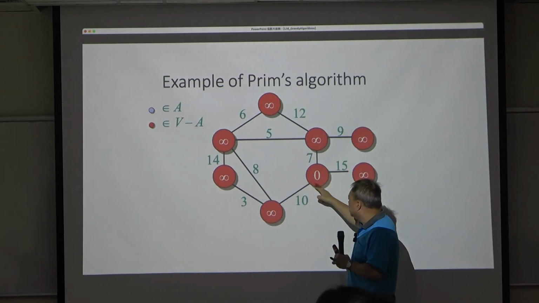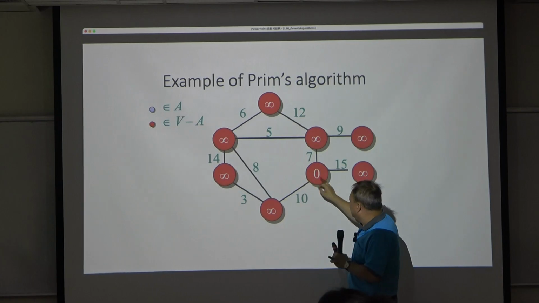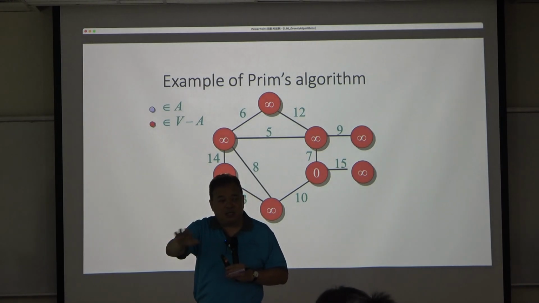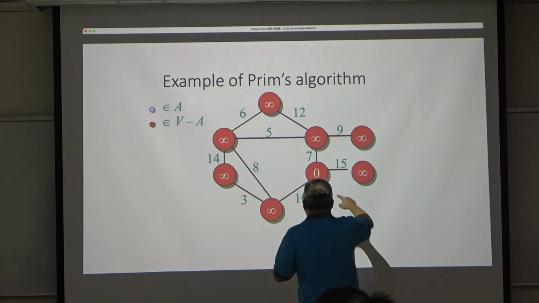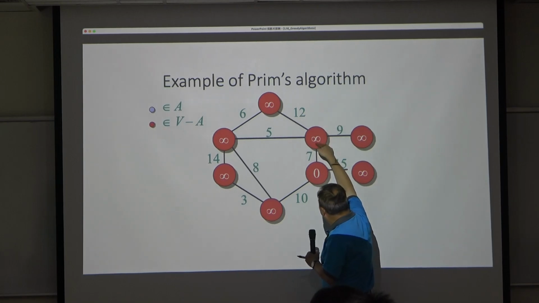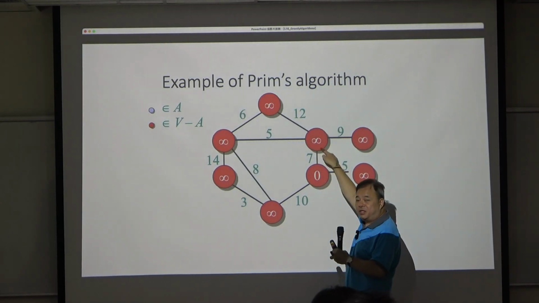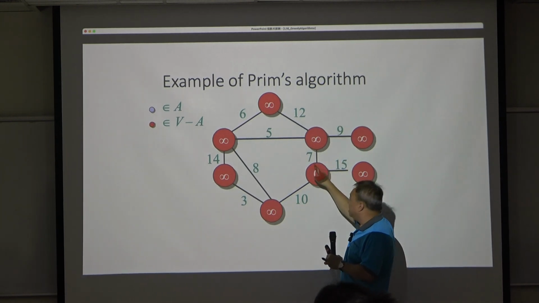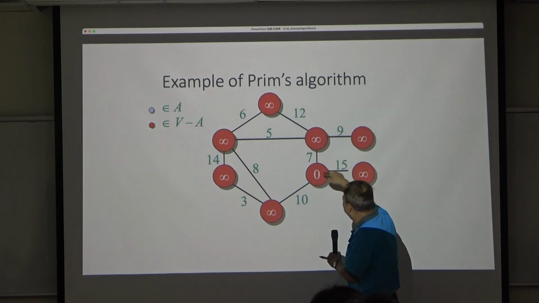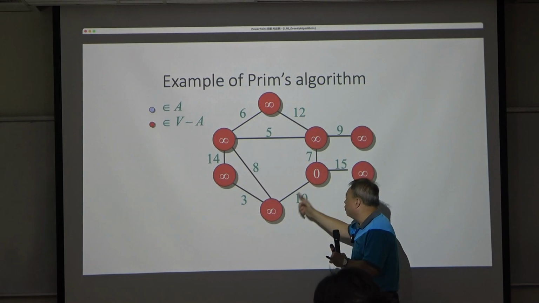In the next iteration, this node is selected into A. Then the edge with the smallest weight that connects this node to A will be this one, 7. The edge with the smallest weight that connects this node to A will be this one. And the edge that connects this one to A with the smallest weight will be this one.